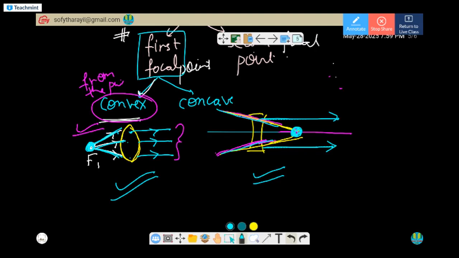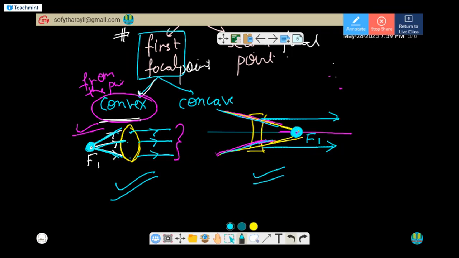So this point they were trying to reach will be considered the first focal point. You can clearly see here that the first focal point for the convex is on the left side, and for the concave it's on the right side.